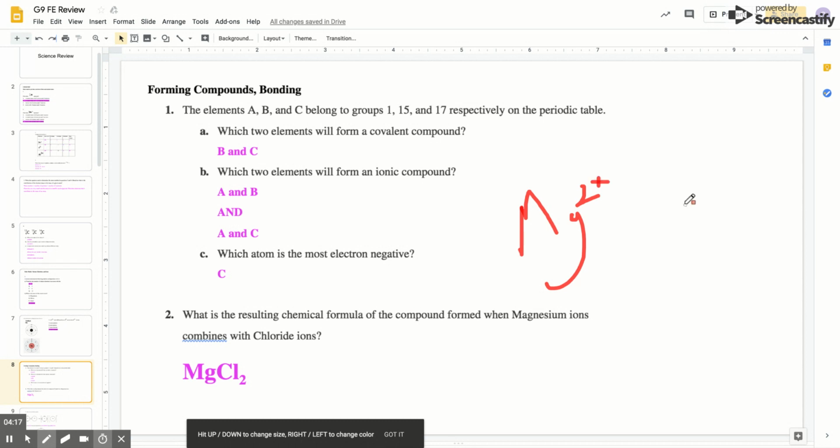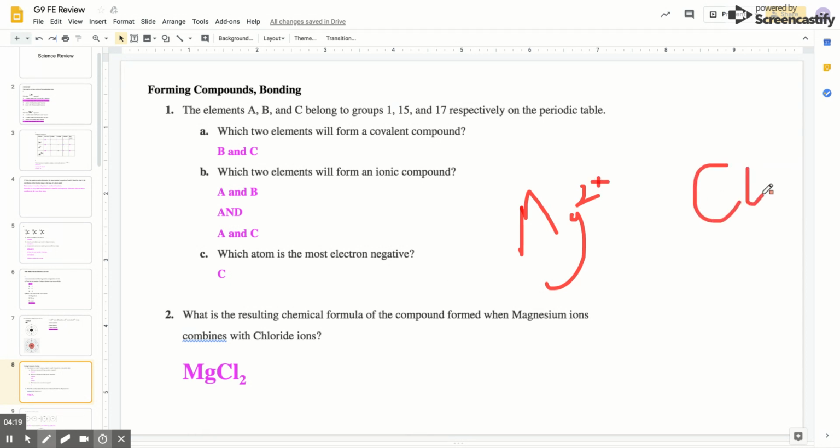And chloride ion is going to be Cl-. So to answer a question like this, all you have to know is we bring down this 2, the numbers are going to combine. We bring down this 2 here, and we bring down the invisible 1 here. It's -1, but we only care about the number itself. We don't care about the signs in this case.